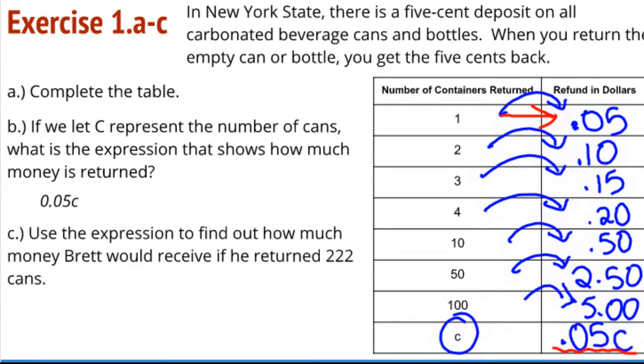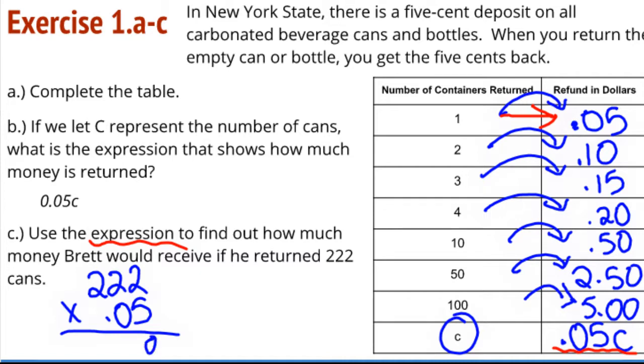And the question, of course, would be, how much would I receive if I returned 222 cans? And it says use the expression. I know there are other ways to do this, but they want us to use a little substitution here. 222 times 5/100ths. Well, I know that these are all 2's multiplied by 5.